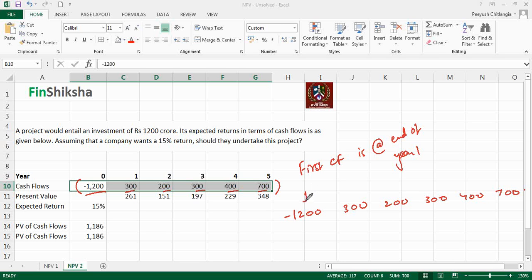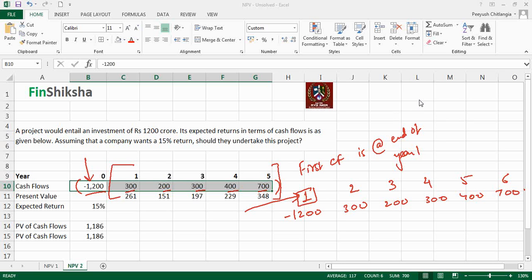But its assumption would be that this is at the end of the first year, second year, third year, fourth year, fifth year and sixth year. There is no mechanism of saying this is at the 0th year. So because we are using NPV, we use it only from here to here, and then we check whether this makes sense or not, right?